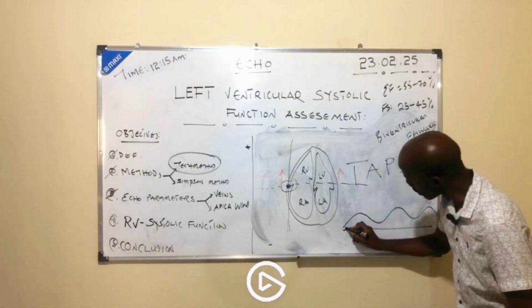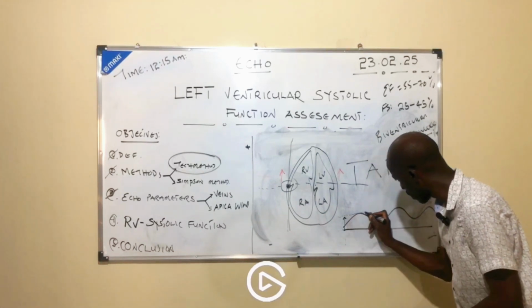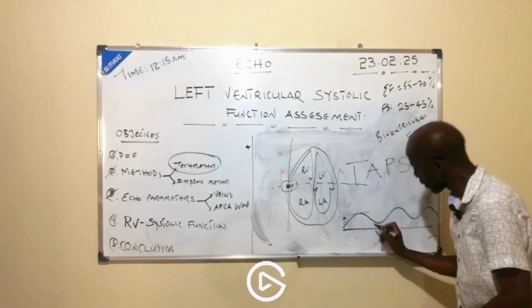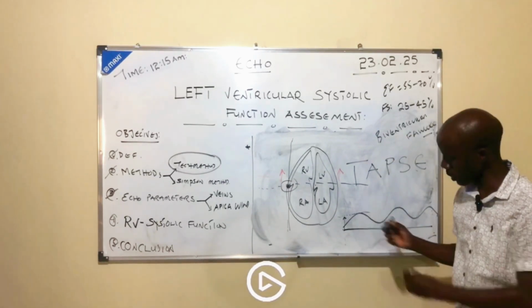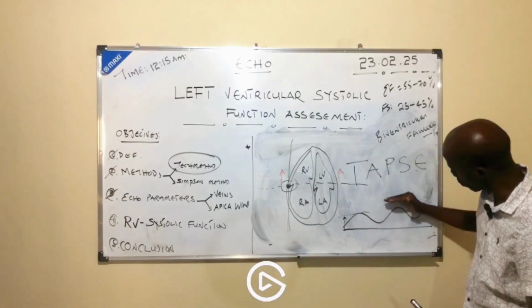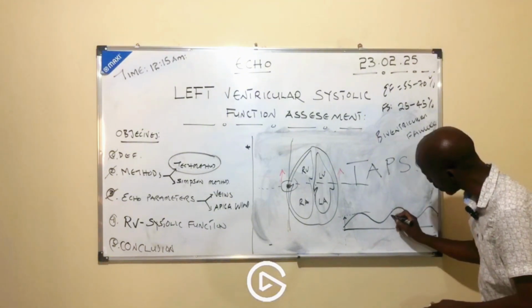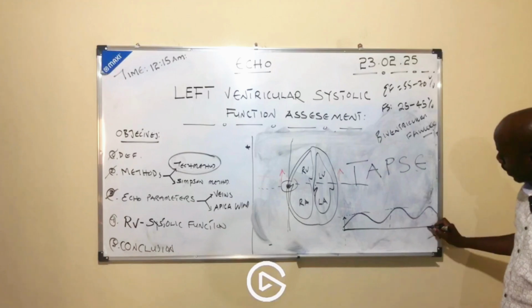This is the peak. This is the systolic excursion, because during systole and then diastole, again, this is the cliff or the peak.